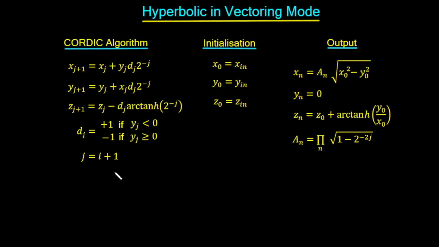So let's start off by working out why we have changed the subscript to j, and why j is equal to i plus 1. Now whenever we want to work out our final angle zn, we're going to add on this arctanh y0 upon x0. So let's have a look at the tanh function first of all, and we'll see from that where we get this j is equal to i plus 1.